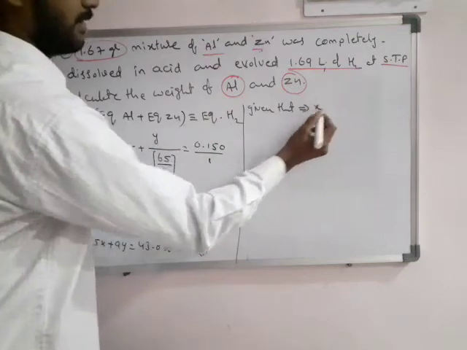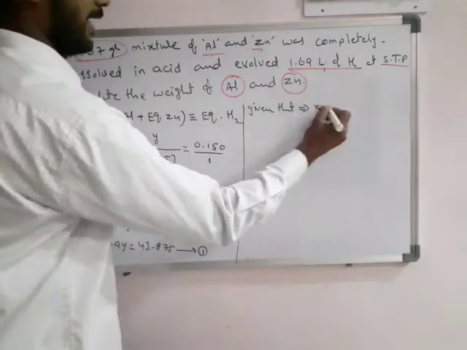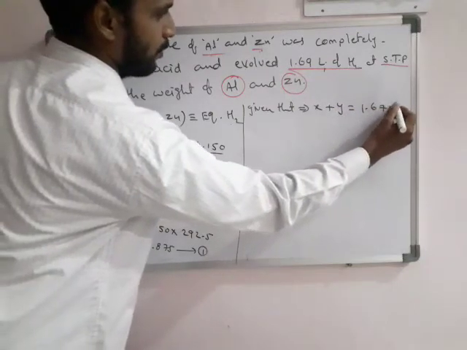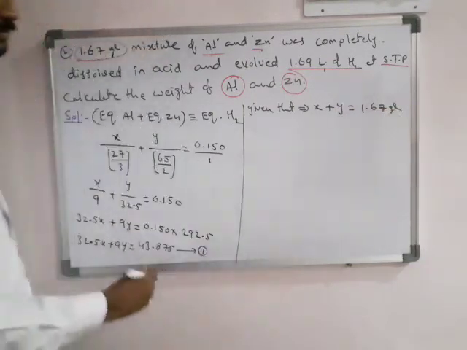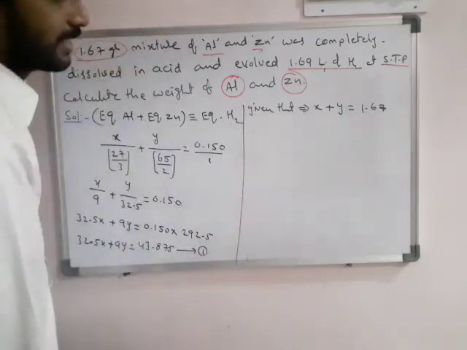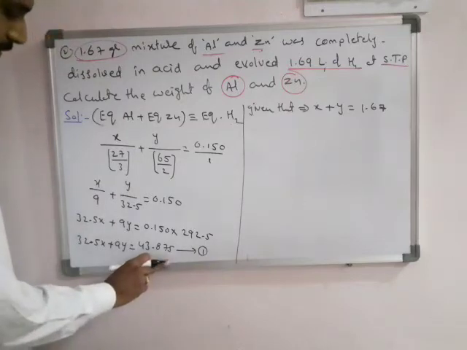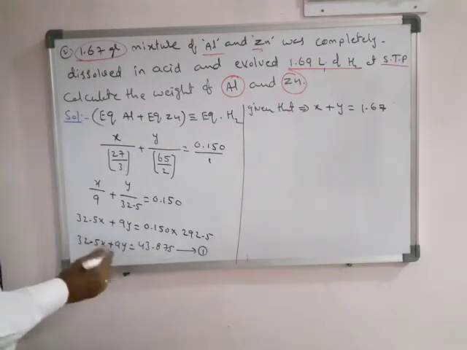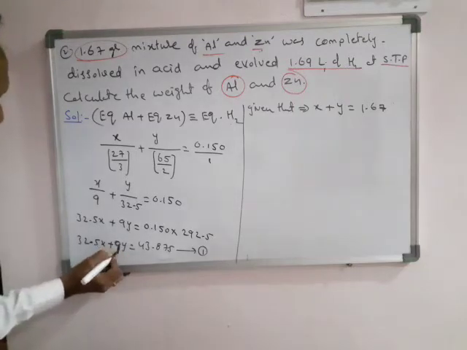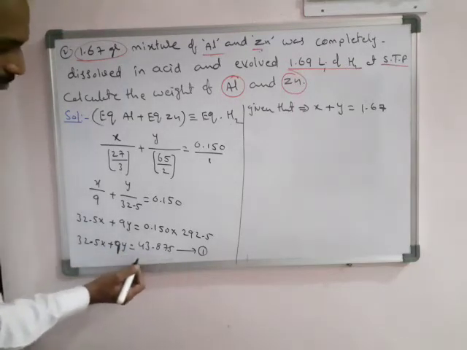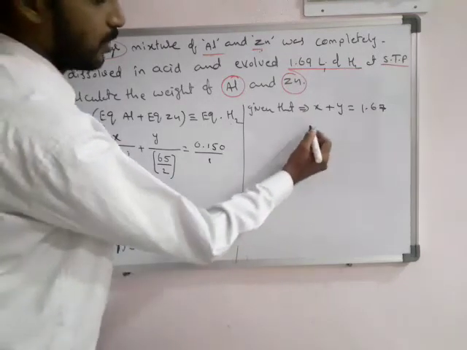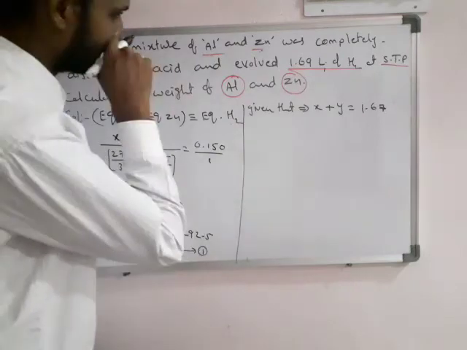So already we took the weight of aluminium as x and the weight of zinc as y. So x plus y is equal to 1.67 grams. Here we got another equation, 32.5x plus 9y equal to 43.875.